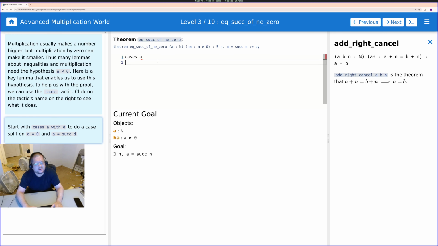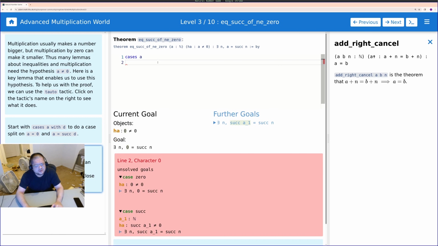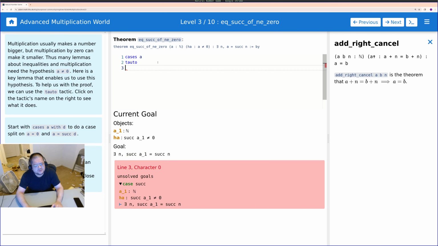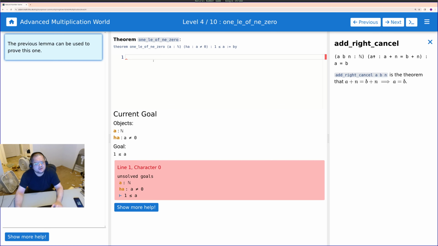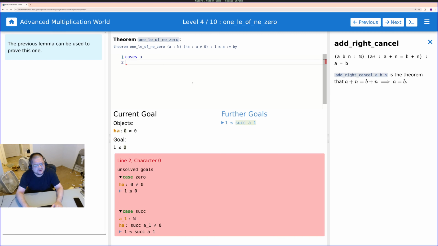Let's just break A apart. So this is tautologically true. This one here is, we're just going to use A1. Okay, that was easy. 1 less than, again, let's just break A into cases.